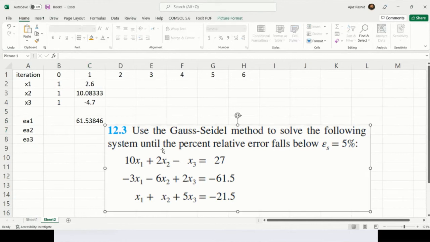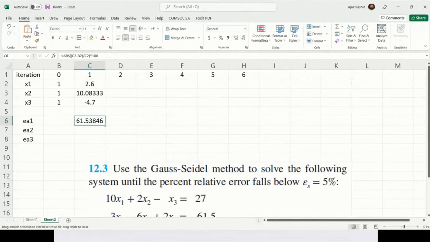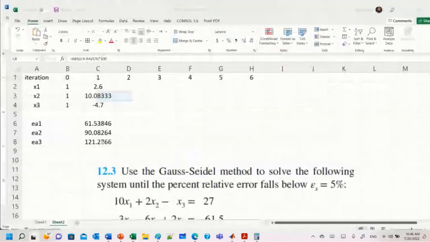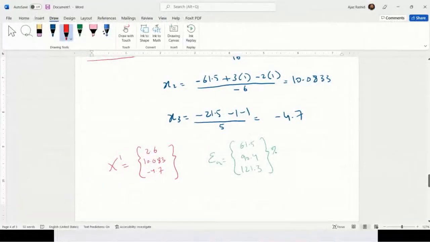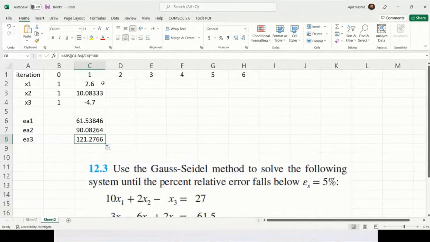Of course, we can find this for the three values x1, x2, and x3. So we get 61.5, 90.08, and 121.3. 90.08 means 90.1. So sorry for that little thing. And then of course we can copy this all for the other iterations.